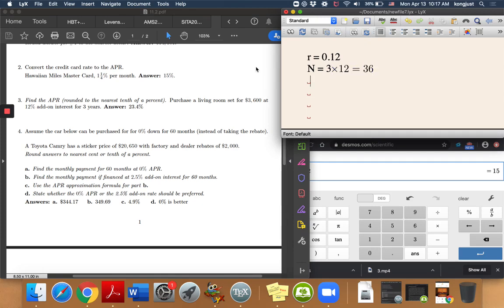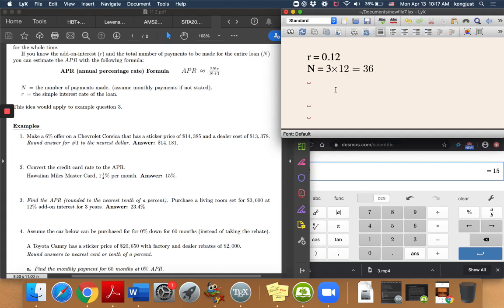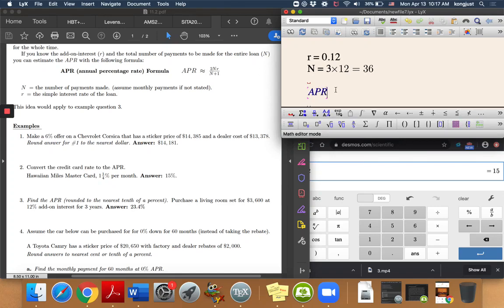So capital N is 36, and we're just using this estimated formula here. APR is going to be approximately equal to 2 times our big N, which was 36, times our little r, which is 0.12, and on the bottom it's big N, which is 36 again, plus 1.